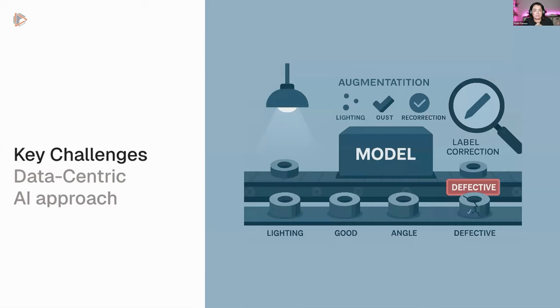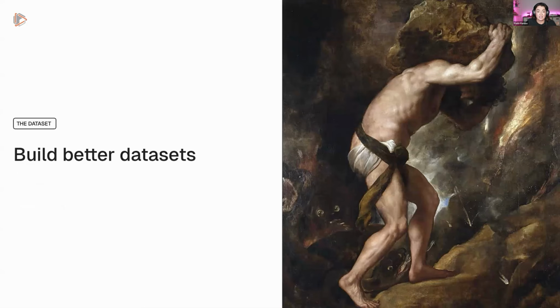Instead of over-optimizing your model architecture and increasing the complexity of the models, we need to be focused on optimizing the data set. Not just for coverage, but for robustness and generalization. Let's deep dive on those challenges and how we can improve that. We need to create better data sets instead of trying to increase the size and complexity of our models.